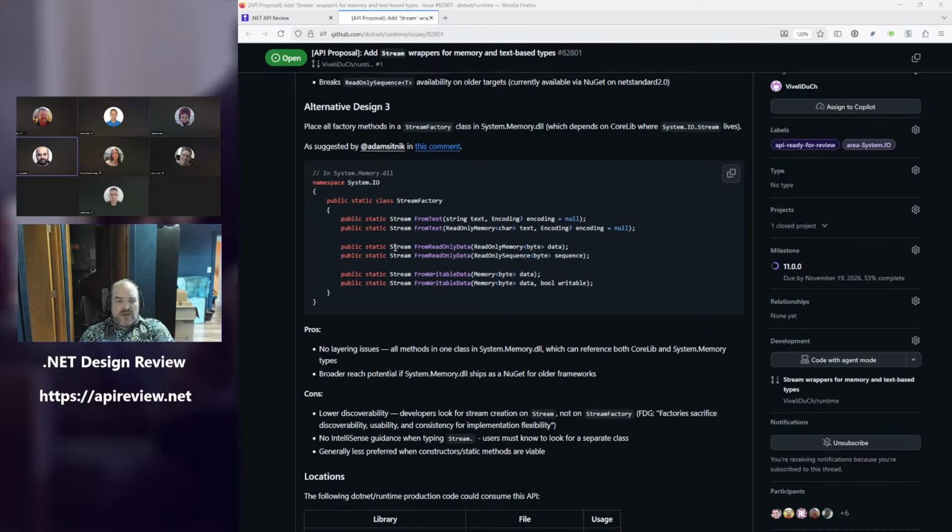We need to support it, but do we need to support it in one method? As an overload of from text, I don't mind it. I think it's pretty clear what it would do. So if it is an overload of from text, it will take a span of byte or read-only memory of byte. Yeah, ROM byte.